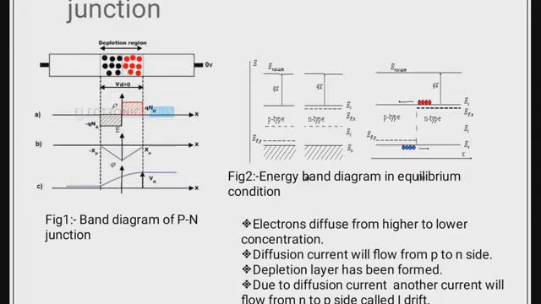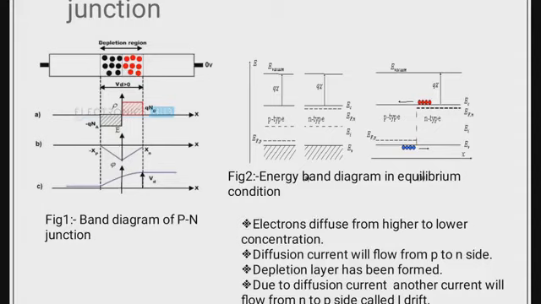Now in figure 2, the second diagram, we have seen the energy band diagram of the p-n junction in equilibrium condition. Equilibrium means we have not applied an external potential across the p or n terminal. Here, before making contact, this is the p-type material and this one is the n-type material, and the Fermi energy, which is the intrinsic Fermi level, is denoted by E of f of n.